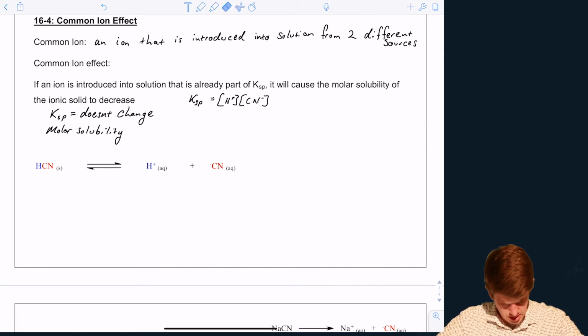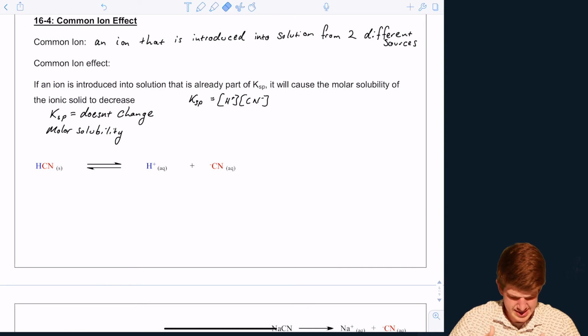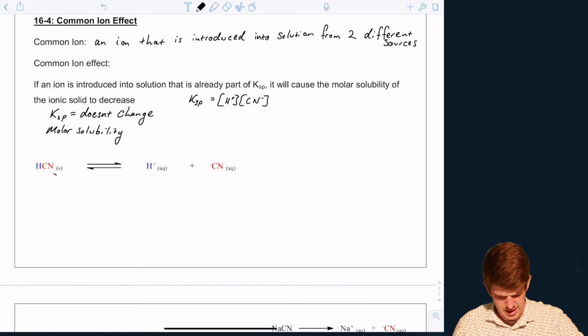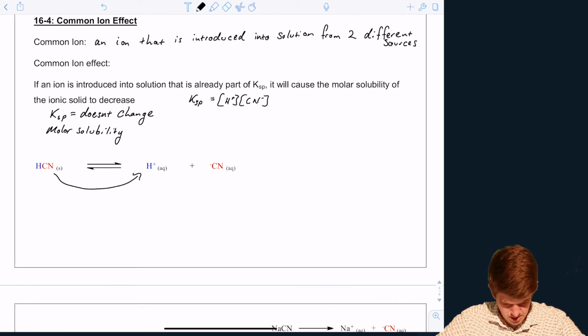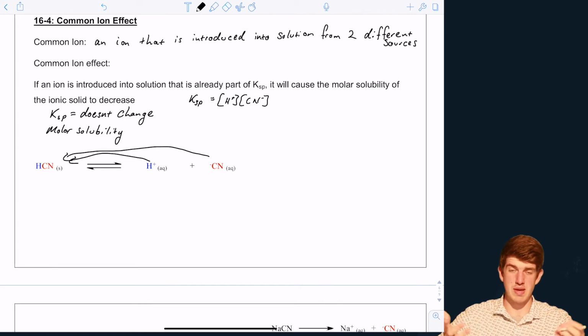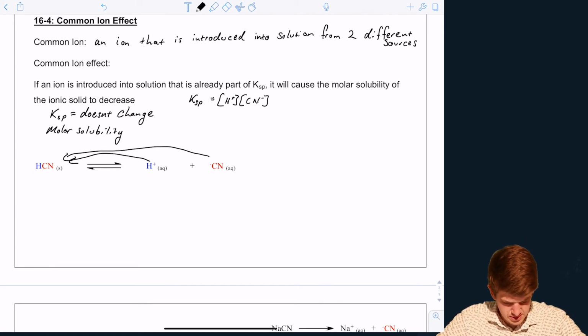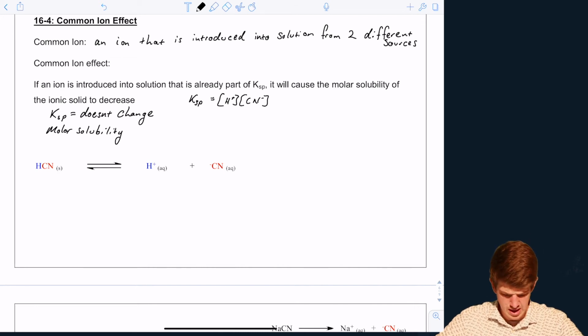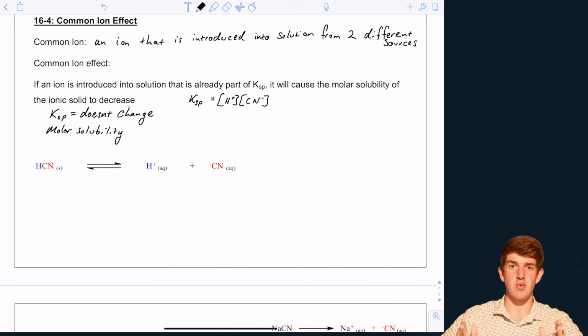Let's say I have HCN and it's at equilibrium with its H plus and CN minus ions. So I'm at equilibrium: every time an HCN dissolves into its ions, I have an H plus and a CN that is precipitating back into solid HCN form. And so great, perfect, there's an equilibrium.